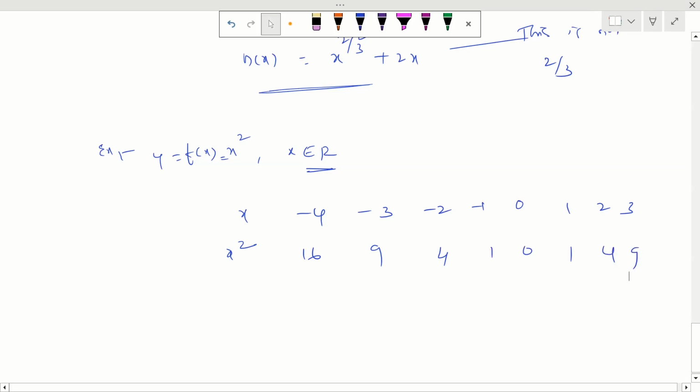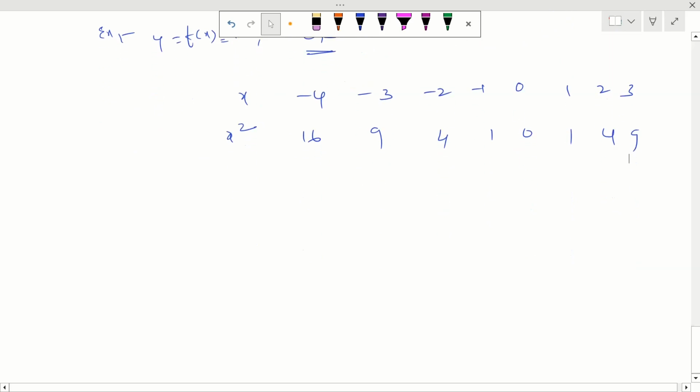Right, so this we have to plot on a graph. This is x, x dash, and this is y, y dash. Here 0 is there.